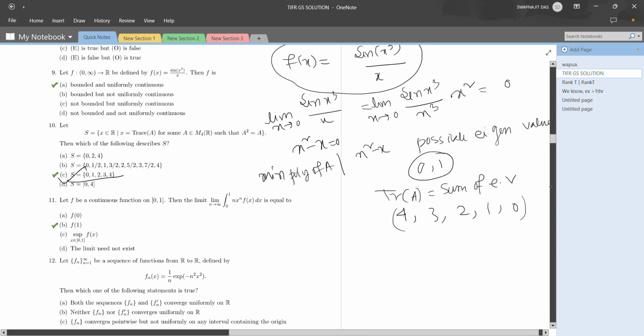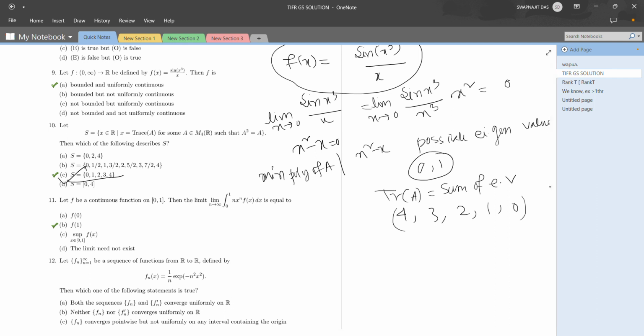Okay, question number 11. This is a very important problem. Many times it is asked in interviews and different exams like NBHM. It is also asked in TIFR, and as well as in GATE also. I have already made a separate video for this particular problem.